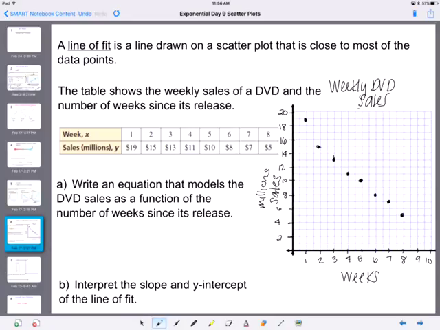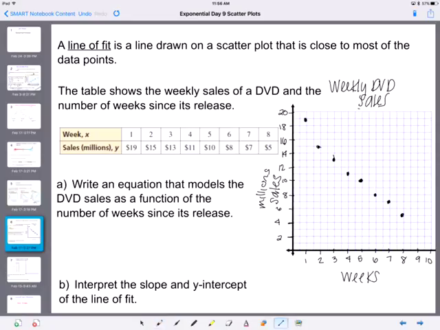So then it says, write an equation that models the DVD sales as a function of weeks since it was released. So the first thing that we want to do is draw a line of fit on our data.